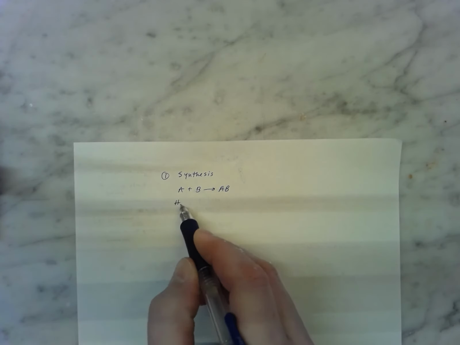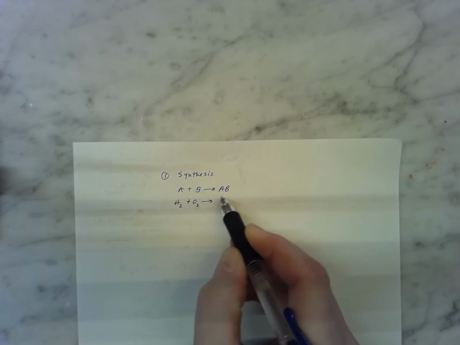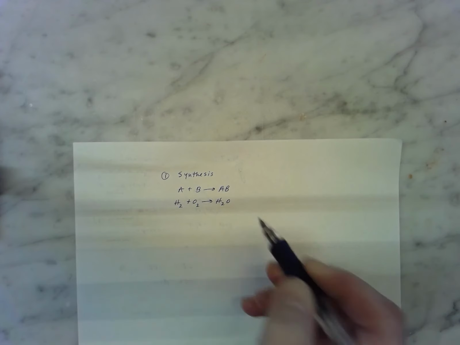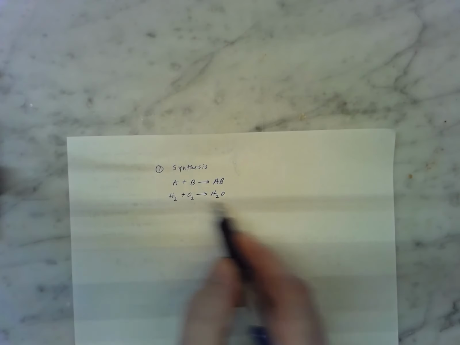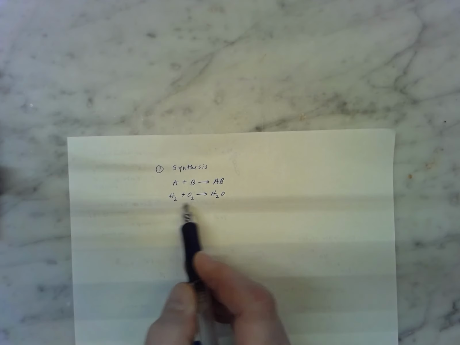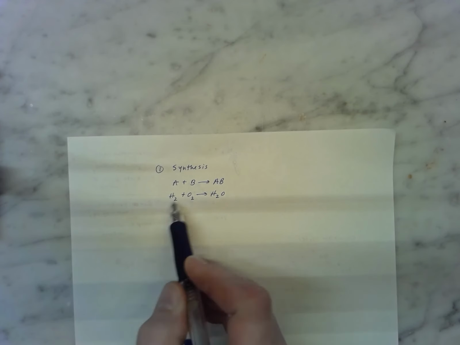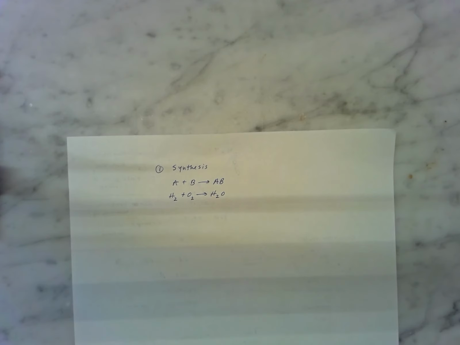So let's say hydrogen and oxygen coming together to make H2O. Okay? Pretty straightforward. Doesn't matter whether there's a 2 or a 1 or a 12 down here. All we know is that there were two separate elements and now they're together in a compound.